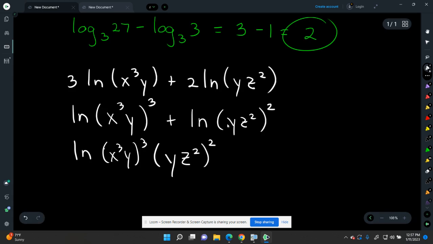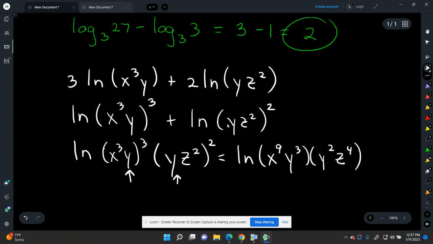Okay. So, because I have a y in both of these, I'm going to have to go ahead and distribute those exponents a little bit so I can combine my y's. So, natural log of x, remember when you have the exponent outside, we distribute it. So, x to the ninth, y to the third, times y squared z to the fourth.